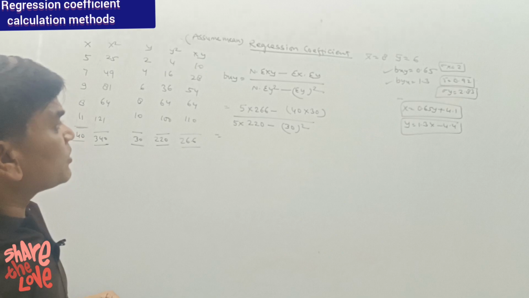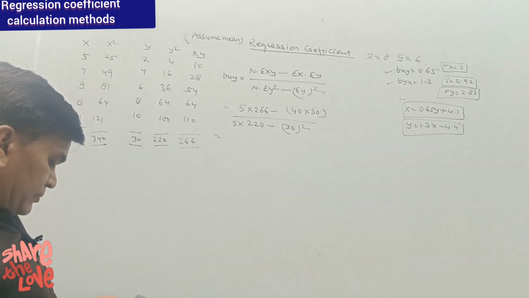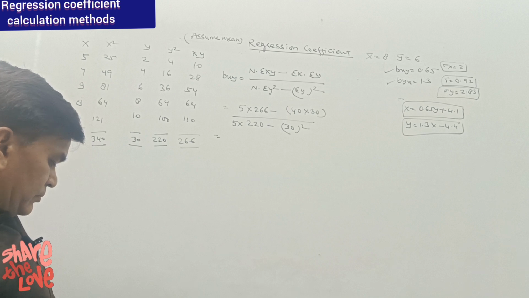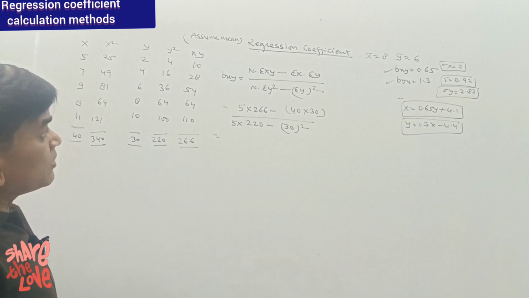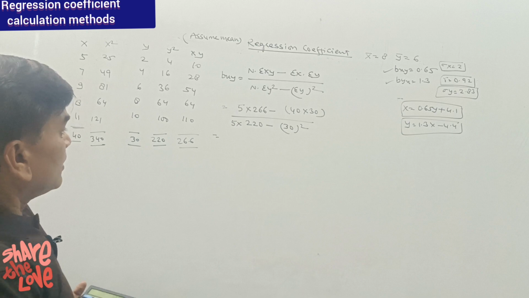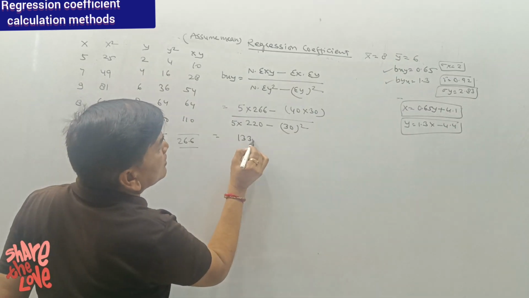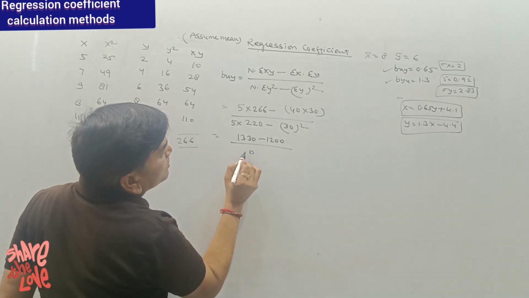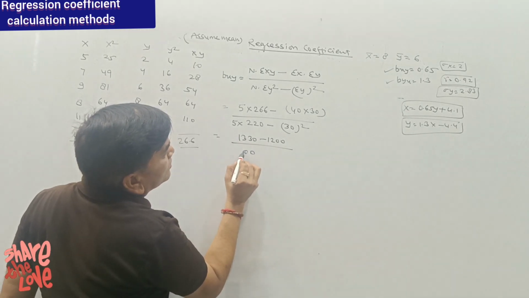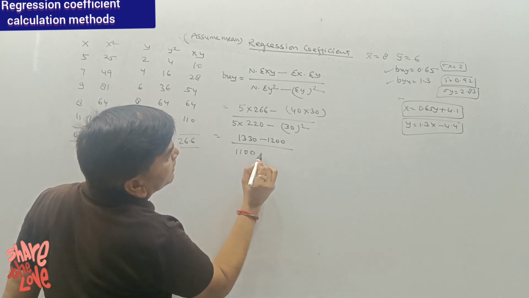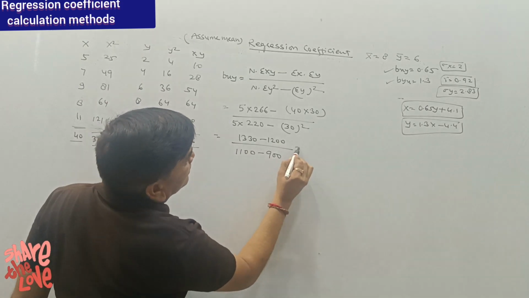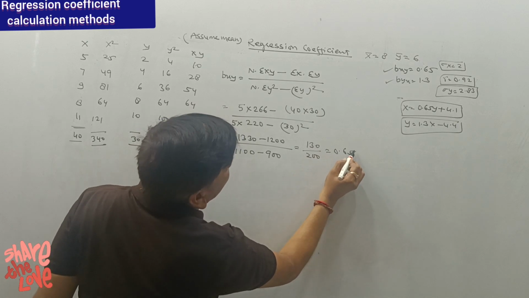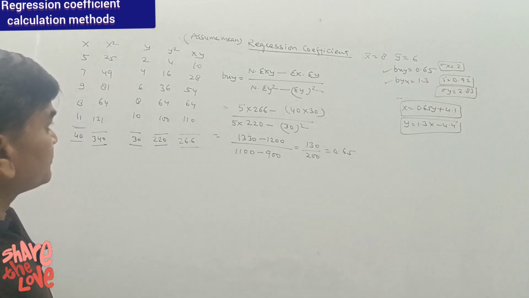So 5 multiply 266, 1330 minus 1200 upon 1100 minus 900. So 130 divided by 200, that is 0.65. Already we have calculated 0.65.